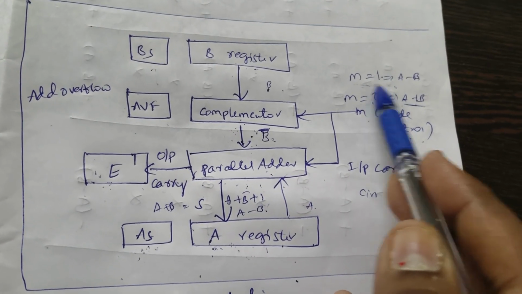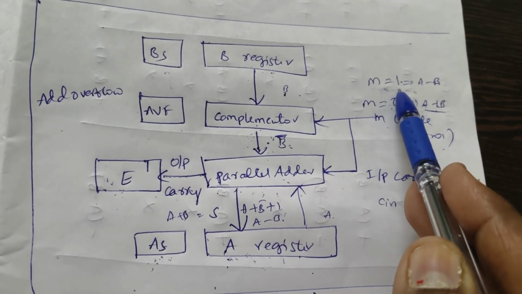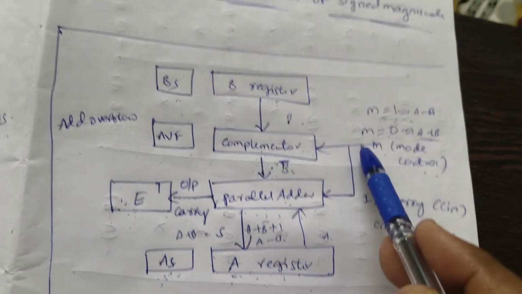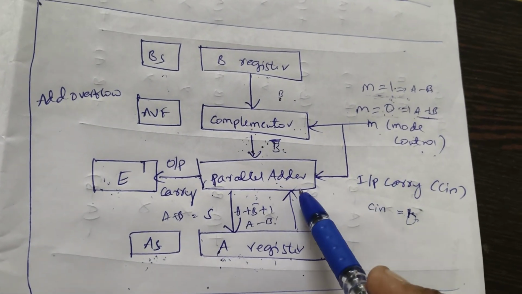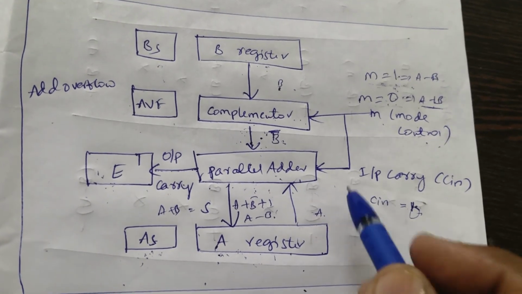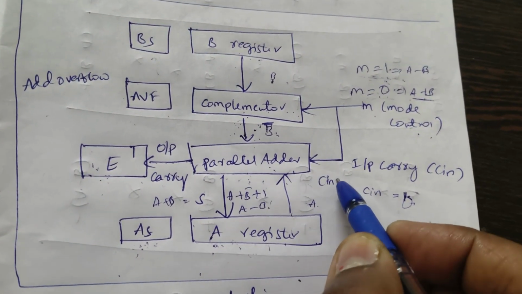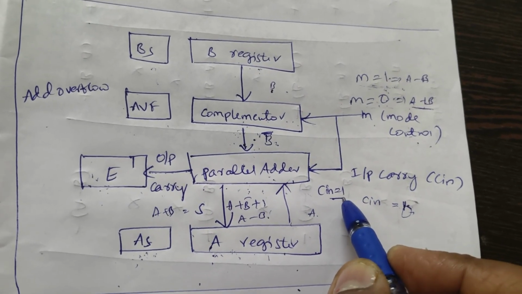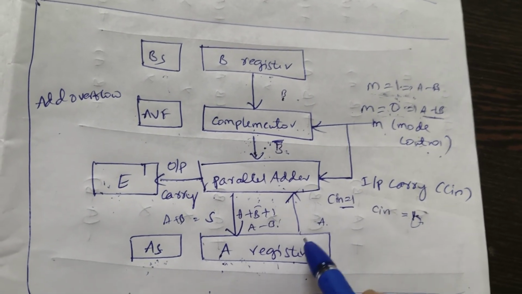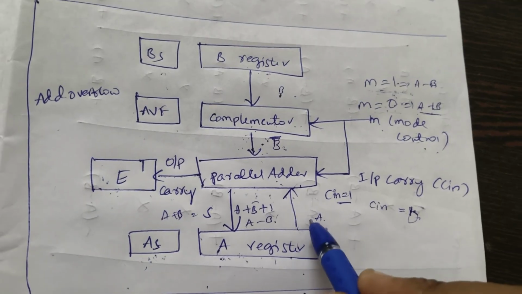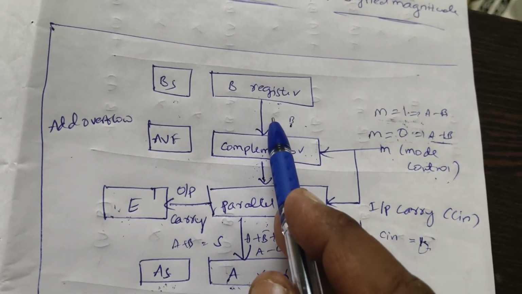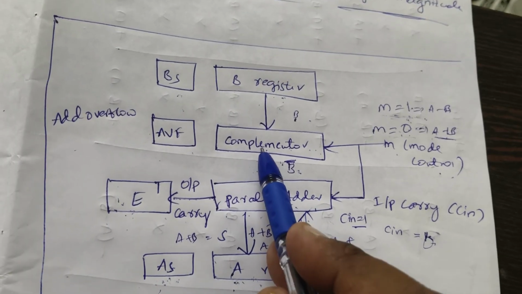Similarly, when m is equal to 1, the mode control is 1. So therefore the complementer will be in the active state, and this mode control is applied to the input carry of the parallel adder. So if m is equal to 1, the carry in is equal to 1. So for the parallel adder we are giving input as a as well as the b register, and the b register is applied to a complementer.